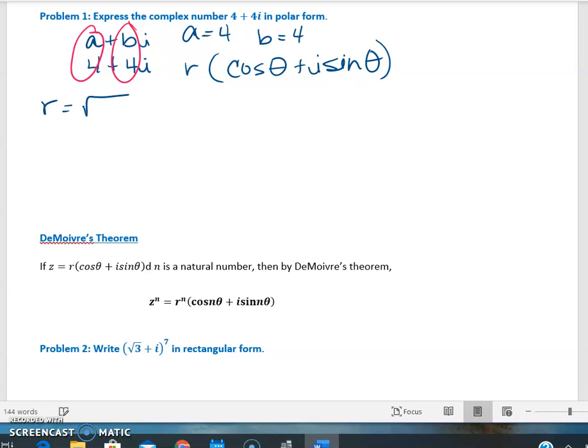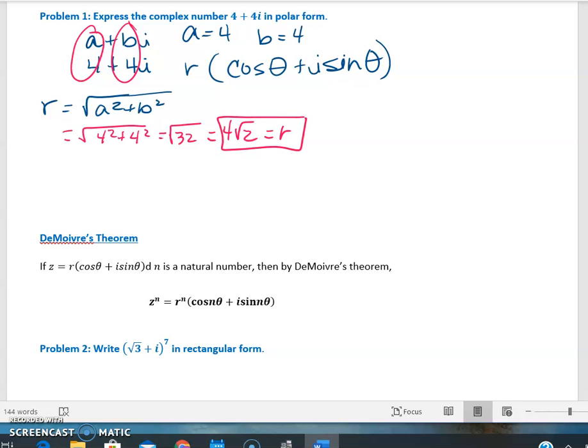So r was the square root of a squared plus b squared. So we're going to do that. We've got the square root of 4 squared plus another 4 squared, which is the square root of 32, which is 4 square root of 2. So that's our r.